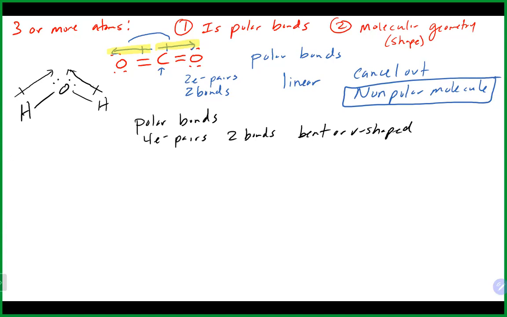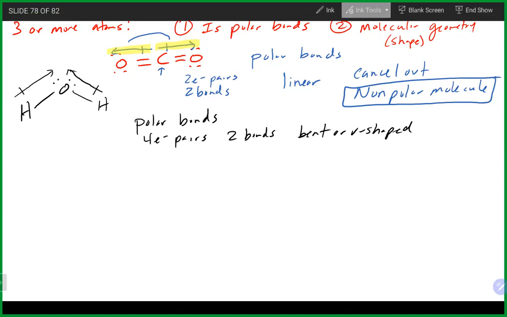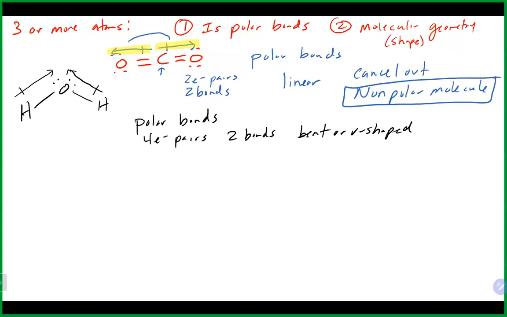In this case, they actually add to each other, and you get a net dipole moment, in the case of water heading in this direction, where the oxygen part of water is more negative and the hydrogen part of water is more positive. That is the dipole moment, which means that this molecule is going to be a polar molecule.